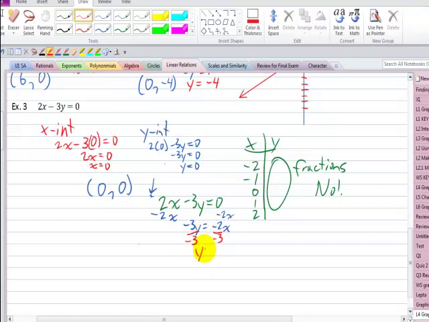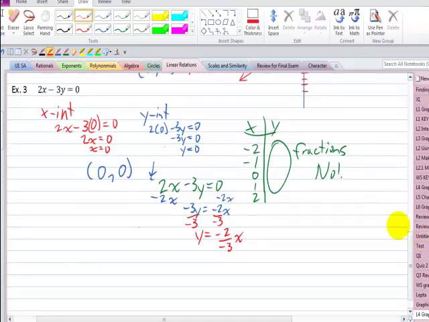So you're going to get y equals negative 2 divided by negative 3x. Is that a good way to leave our final answer? Absolutely not. So y equals what? Positive 2/3 x.